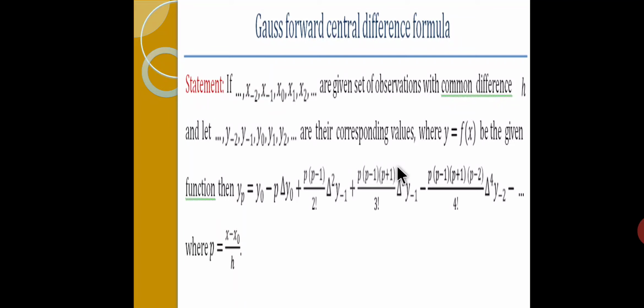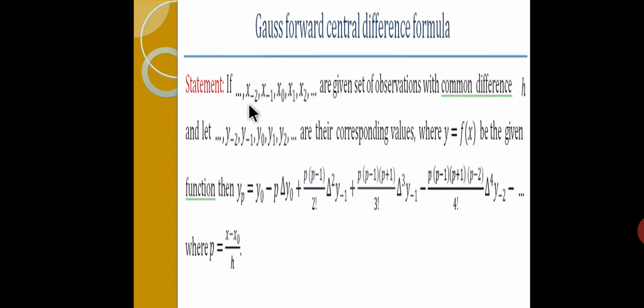We consider the center value and the required point near to the central value. If the required point is near the start of the center value, we apply the Gauss forward central difference formula, and if the required point is close to the end part of the center value, then we apply the Gauss backward central difference formula.